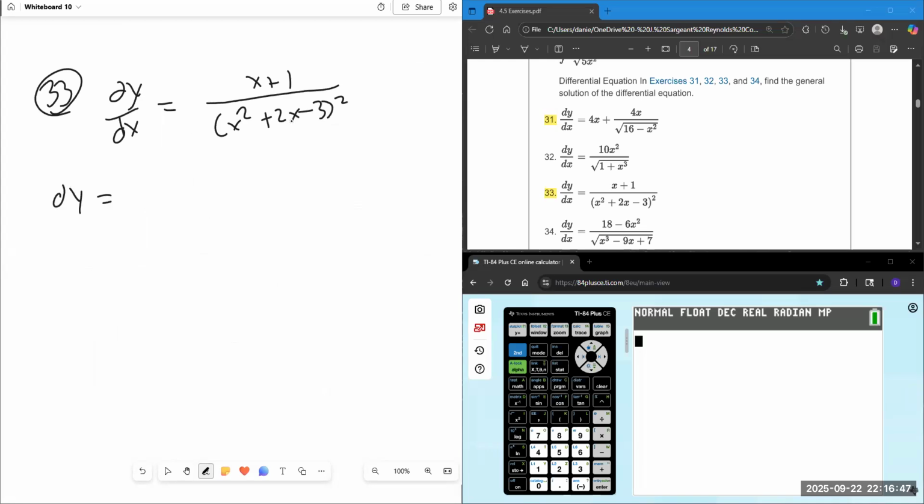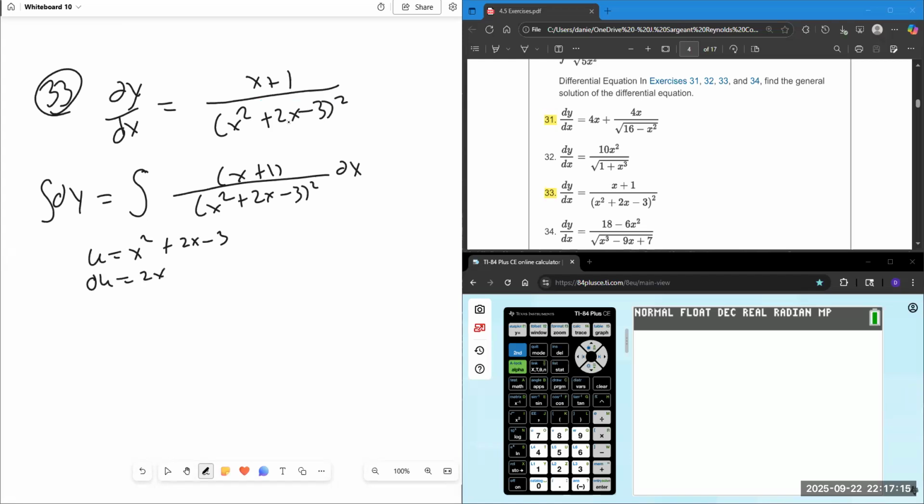Dy is equal to x plus 1 over x squared plus 2x minus 3 squared, dx. Let u be x squared plus 2x minus 3.